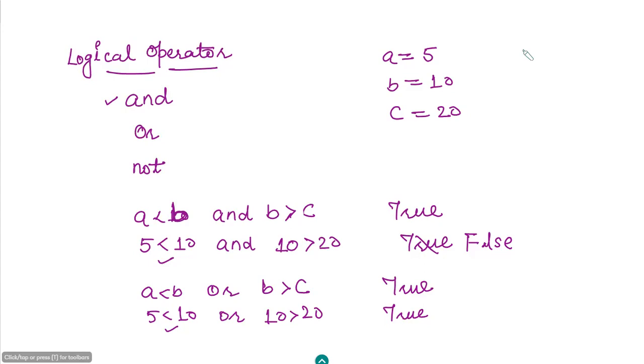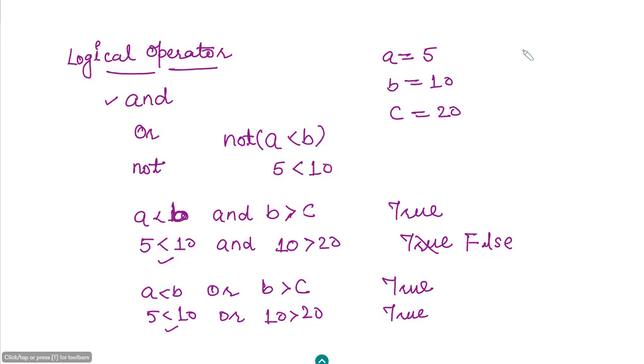Right? So not means it's just doing the opposite. Suppose that A is less than B. Suppose I say not A less than B. So what does it return? A is 5 and B is 10.